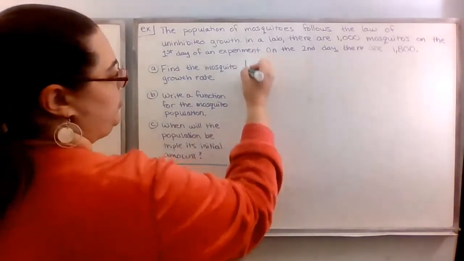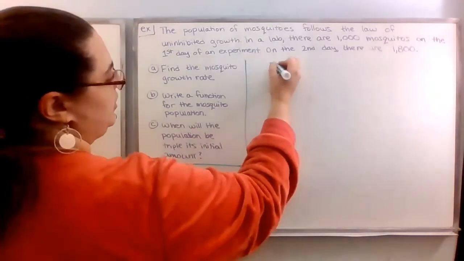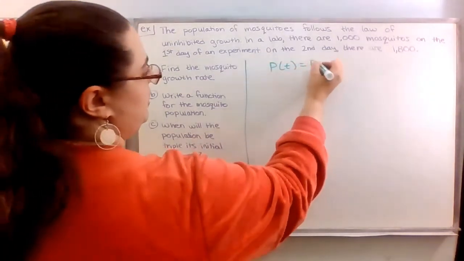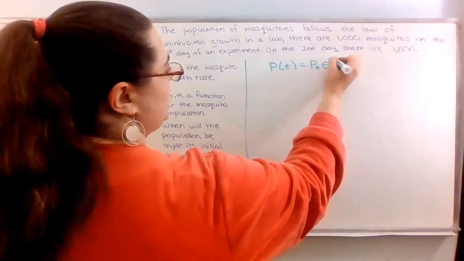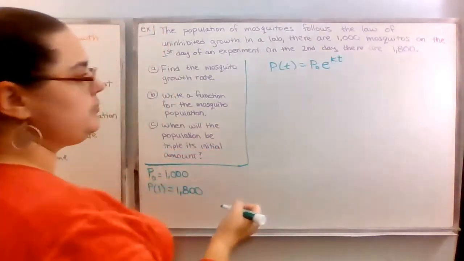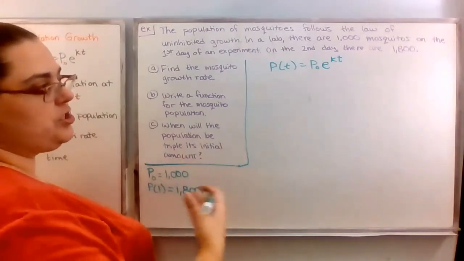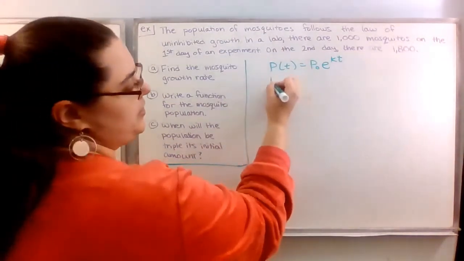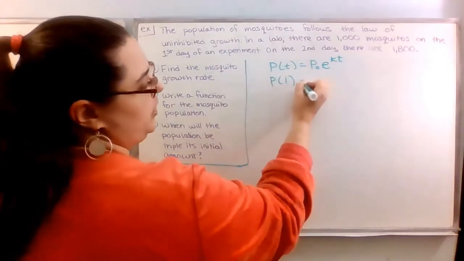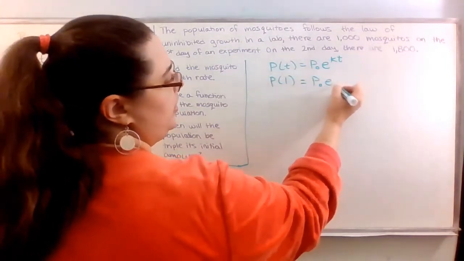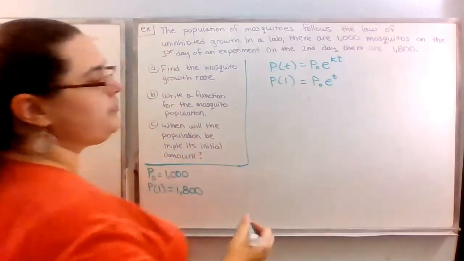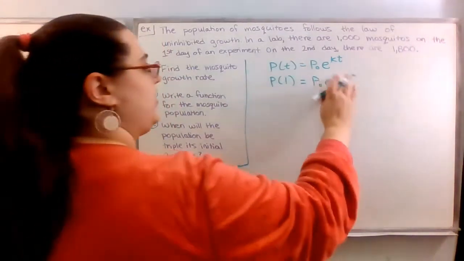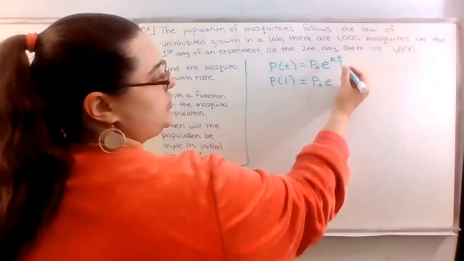So I'm going to set up my formula. P of t is P naught e to the kt. And then I'm going to substitute in 1. I'm going to write kind of an extra step. You don't necessarily need to write this one, but I'm going to say P of 1 is equal to P naught e to the k, because t is 1.